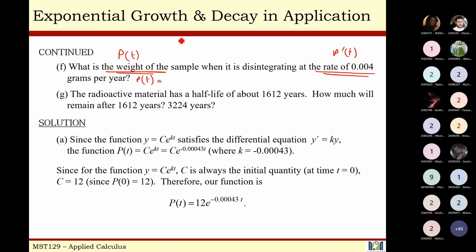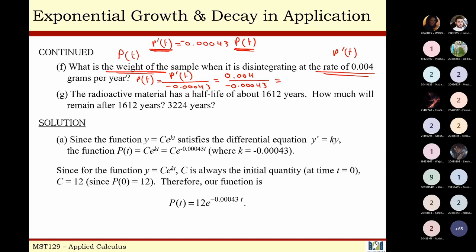Look at this, B prime of t equals negative 0.00043 B of t. So if we have this one, we can find B of t. If we have B of t, we can find the B prime of t. Okay, so B of t equals B prime of t over minus 0.00043. This equals 0.004 over minus 0.00043.